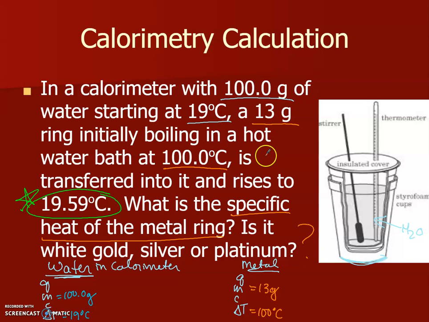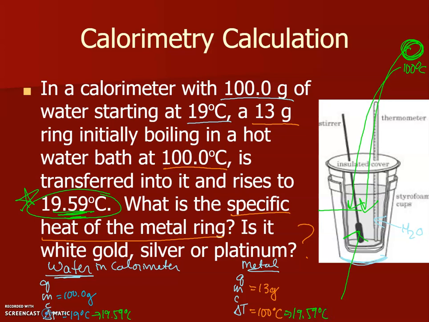When you took that ring, here's our ring, you put it into the calorimeter. The water in the calorimeter rose up to 19.59 degrees Celsius, and the temperature that the ring started at, 100, goes down to 19.59 degrees Celsius. So you're going to see this number in two places.